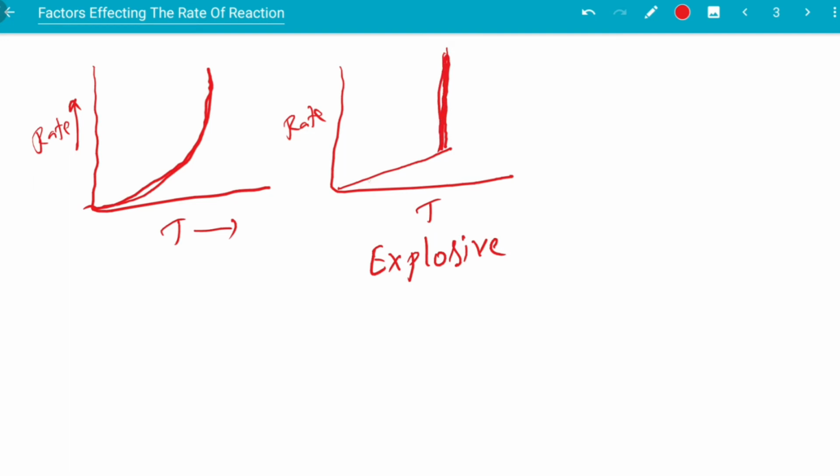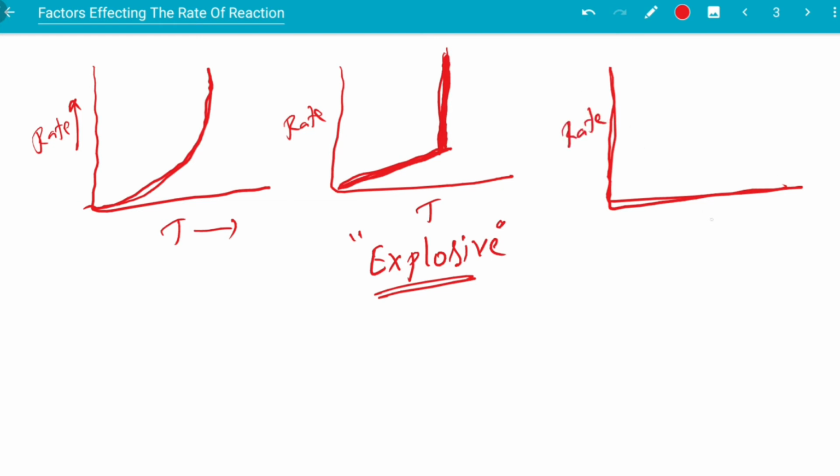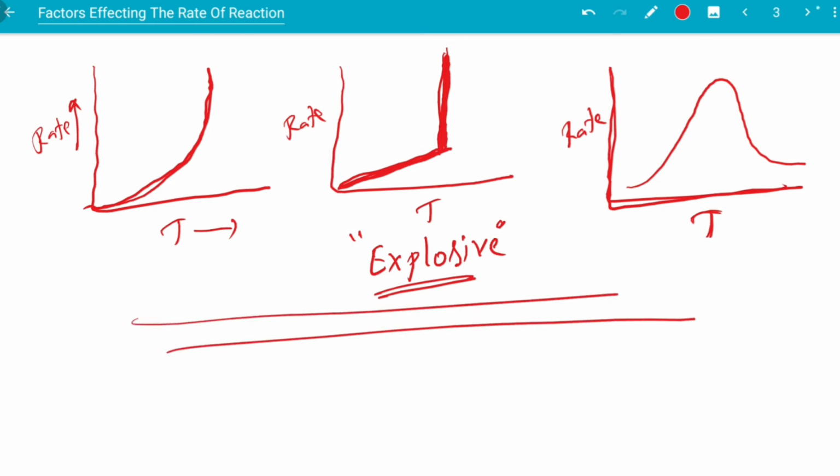This graph is mainly observed in bomb explosive type reactions. In the third case, enzyme catalyzed reactions, here is rate and here is temperature, and the curve will be like this. That is the effect of temperature.